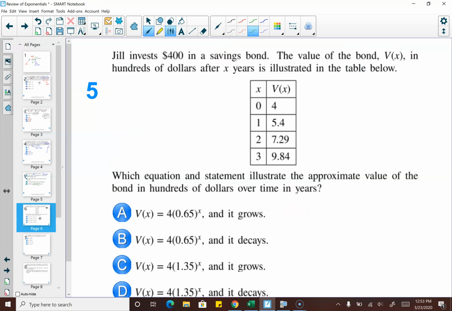Jill invests $400 into a savings bond. The value of the bond V of X in hundreds of dollars after X years is illustrated in the table below. Which equation and statement illustrates the approximate value of the bond in hundreds of dollars over the time in years? So if we look right here, obviously it is a growth function.